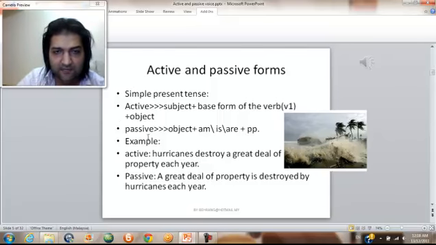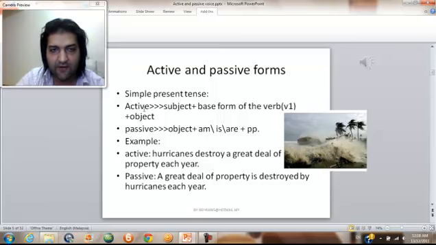In passive structures, we shift the object from our active sentence and put it in the subject position in our passive sentence, plus am, is, are. As you remember, passive structures always include a form of be, plus past participle.